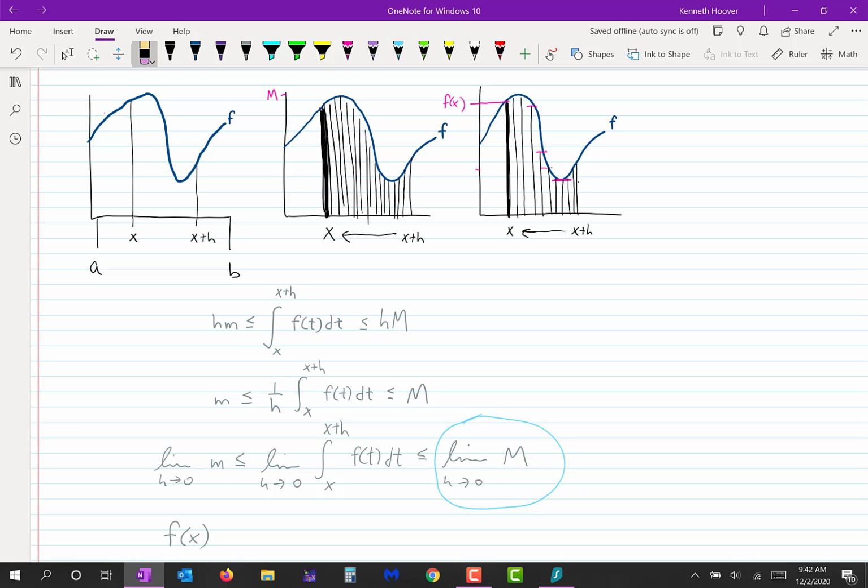So the maximum value of f between x and x plus h ends up just being f of x. So this limit over here is also going to equal f of x.